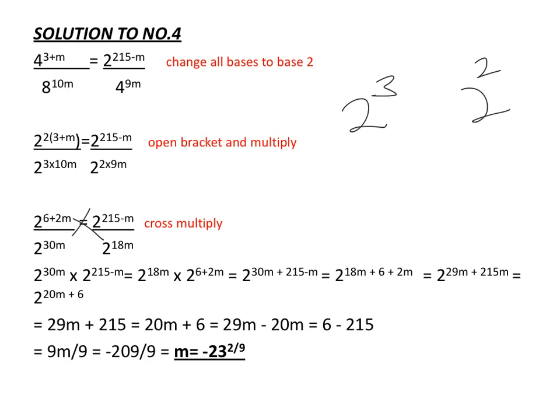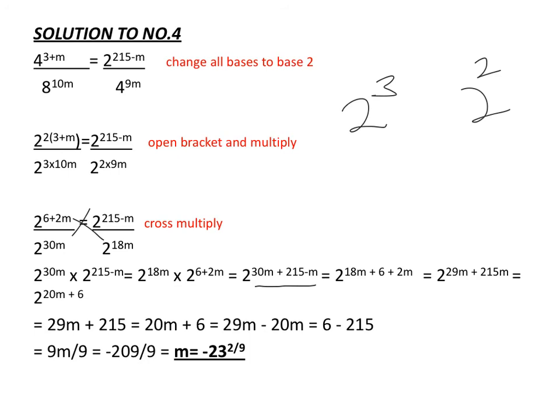You have it to be equal to 2 raised to power 30m plus 215 minus m, is equal to 2 raised to power 18m plus 6 plus 2m, which is equal to 2 raised to power 29m plus 215m. See what happened here. We had 2 raised to power 30m plus 215 minus m. We are collecting like terms now.